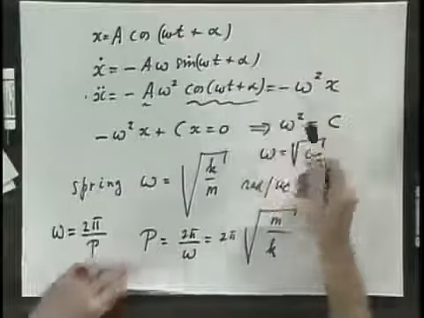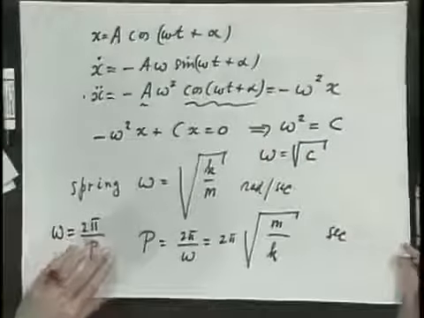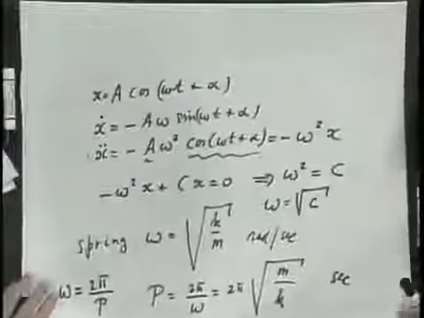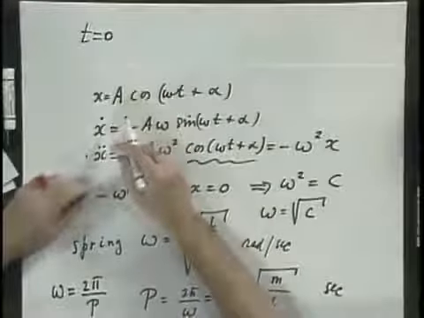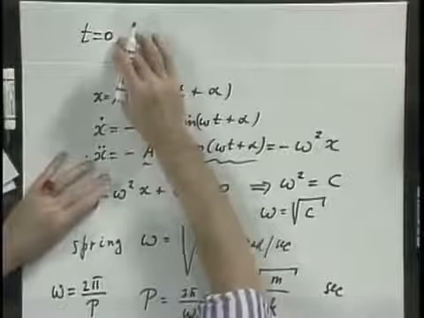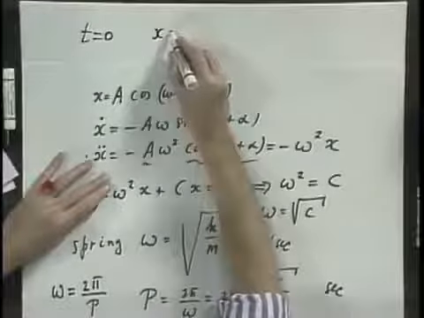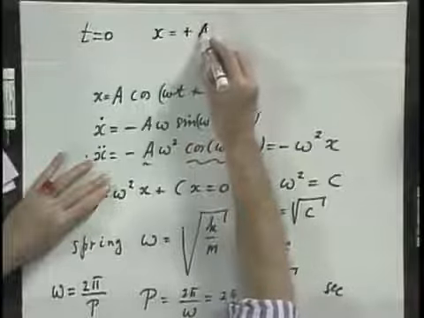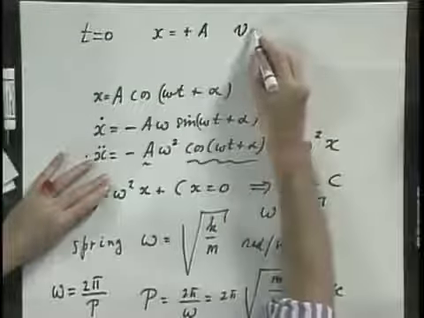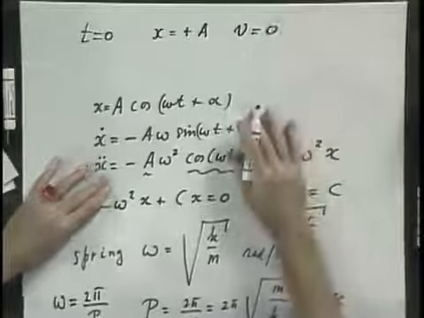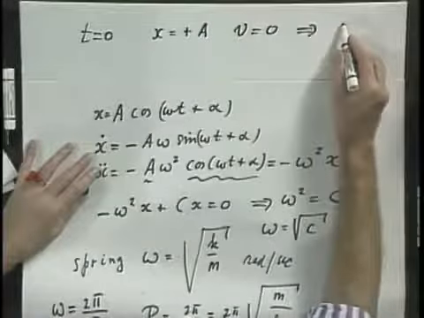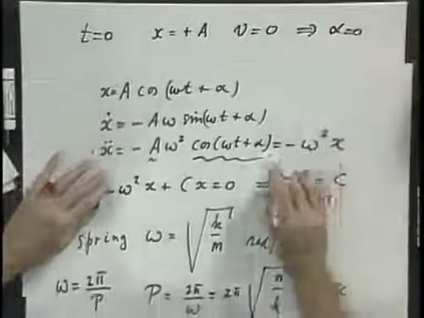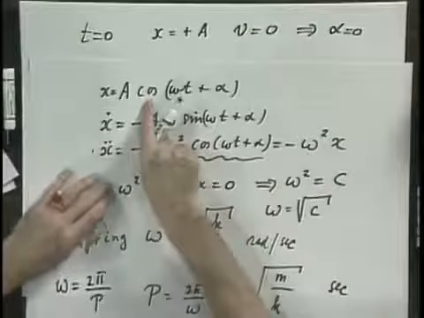For instance, this is only one example. If you chose the time t equals 0, and you're always free to choose what you call time t equals 0, if you choose that at the moment that the object x is at plus A, and that the velocity at that moment equals 0, then you will find, and you can convince yourself of that, that alpha equals 0 when you have this cosine term.